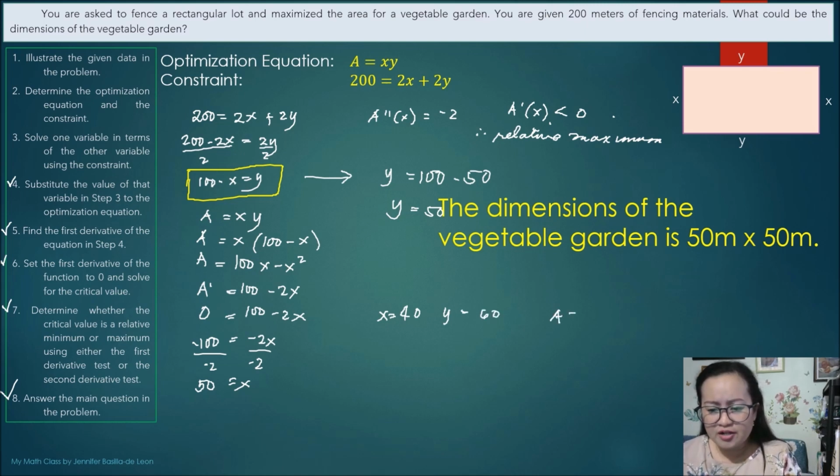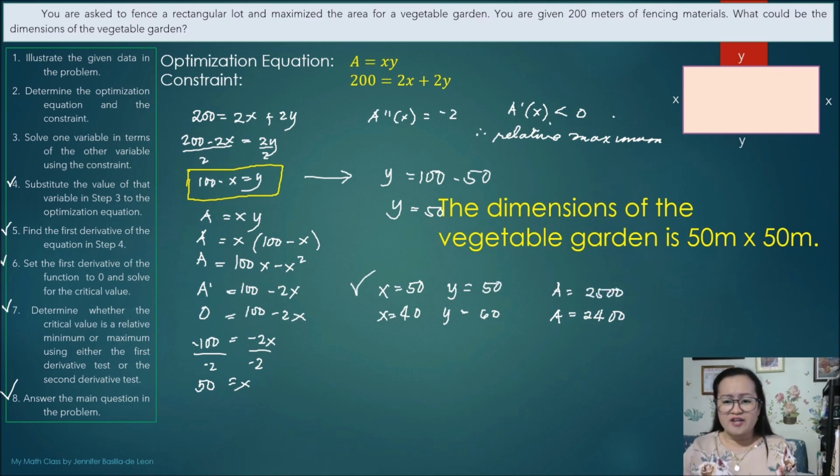The area of the rectangle when x is 40 and y equals 60 would be 2,400. Whereas if we have 50 for x and y, the area would be 2,500. Still, this is the highest product or the highest area.